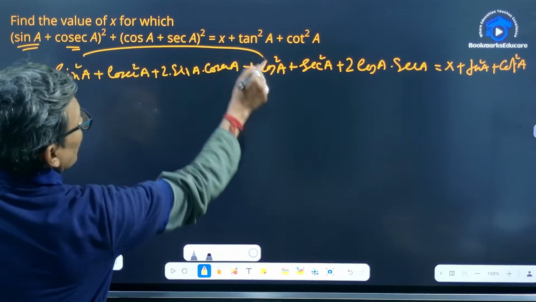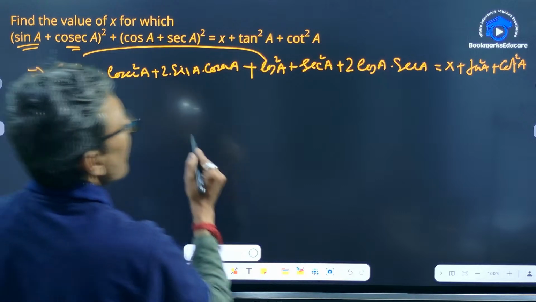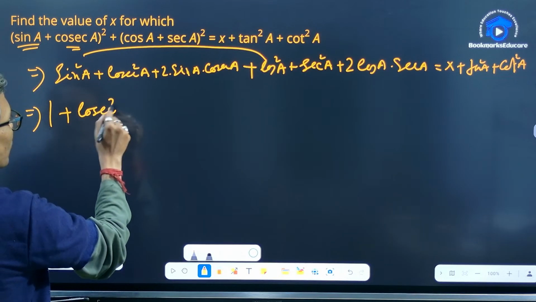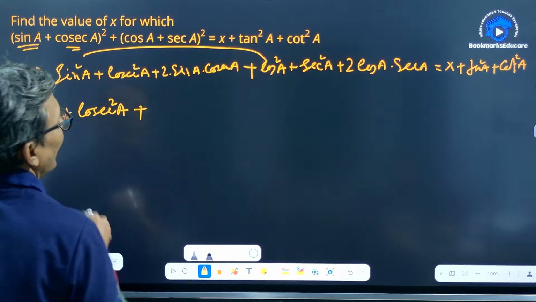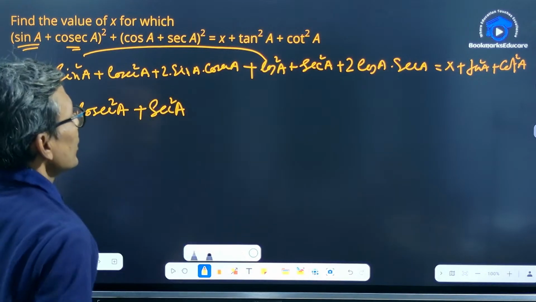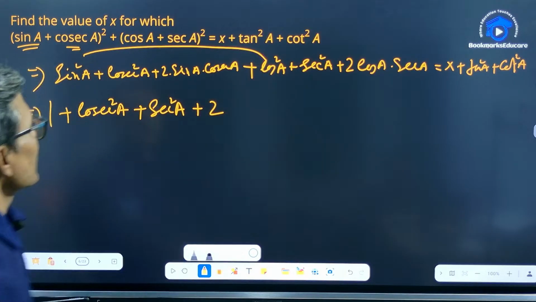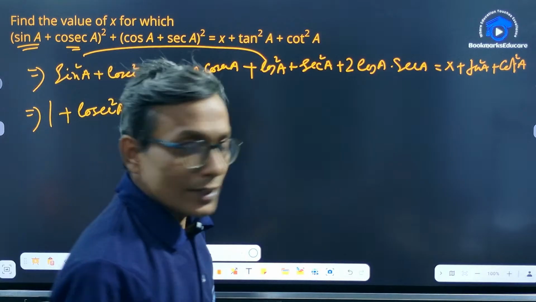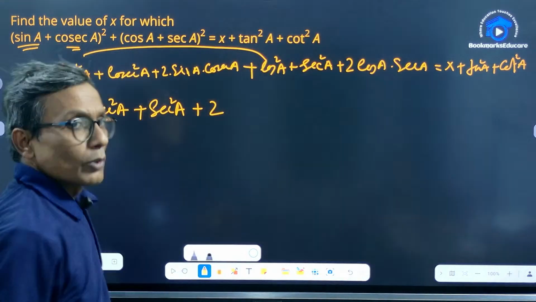So sin square A plus cos square A means 1. And cosec square A will remain unchanged, plus sec square A also remains unchanged. Plus 2 into sin A into cosec A. Cosec A is the reciprocal of sin A, so sin A into cosec A means 1 by sin A into sin A, so sin A will be eliminated.